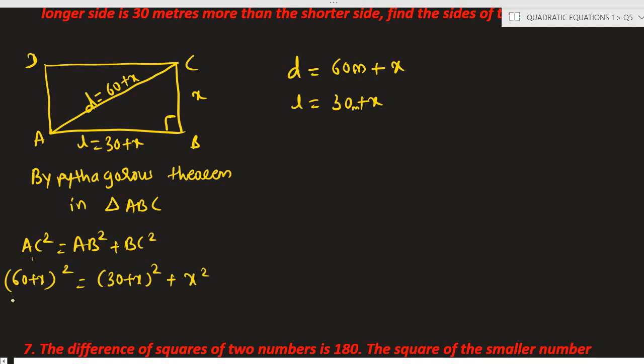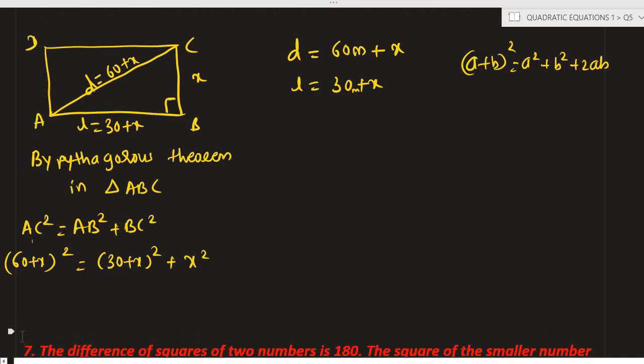How much is it? You use the formula (a plus b) bracket square is equal to a square plus b square plus 2ab. I'm using the same relation here to solve the problem.